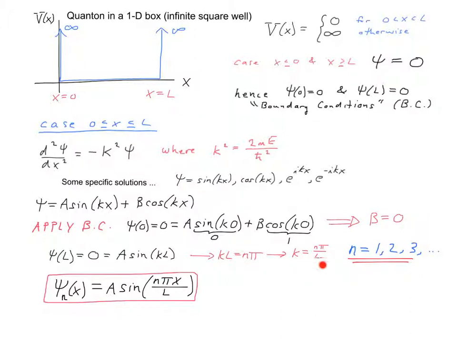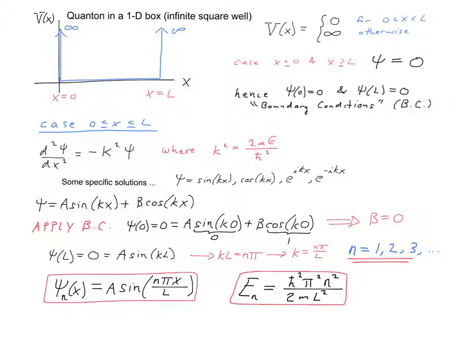Plugging in for k in the expression for our state function right here, and again remembering that b is equal to 0, we get that the energy eigenstates have the functional form psi sub n of x equals a sine n pi x over L, where n can take on the values 1, 2, 3, 4, etc. Plugging these allowed values of k into this expression that relates k and the energy, we can solve for the allowed energies.